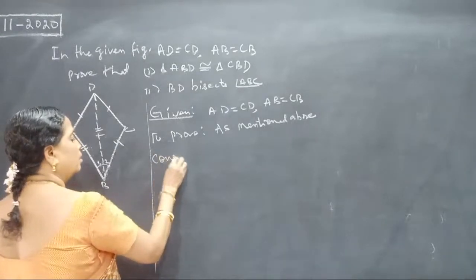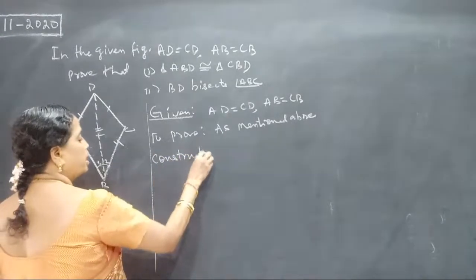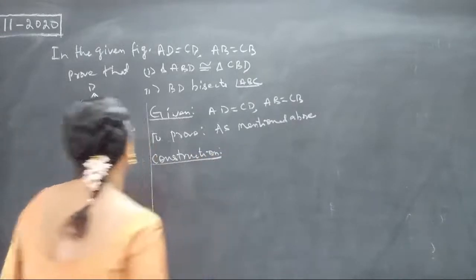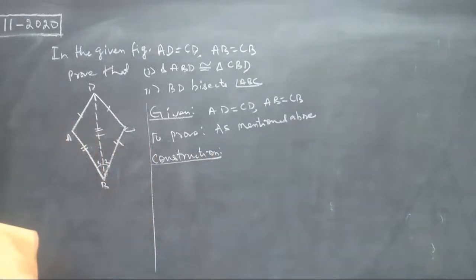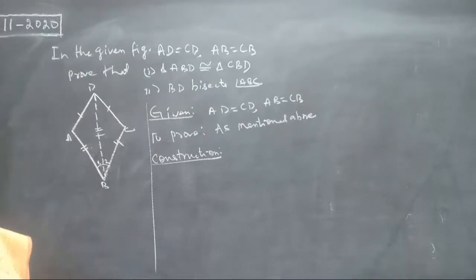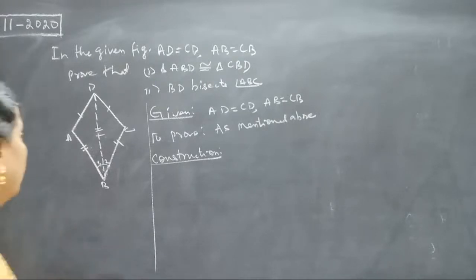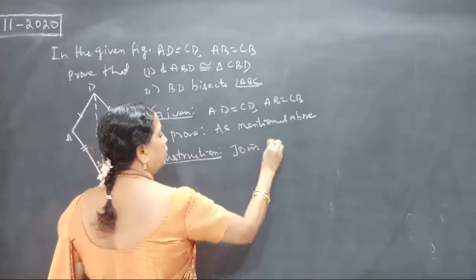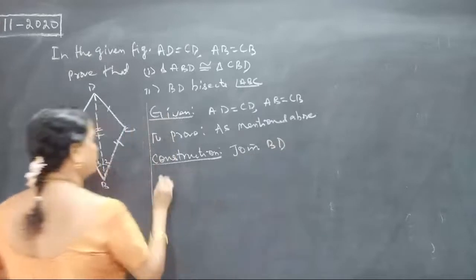Construction. What construction we did? What construction we have taken? I have shown that in a dotted line. The construction part is join BD. Now we all become very smart. Join BD. Proof.